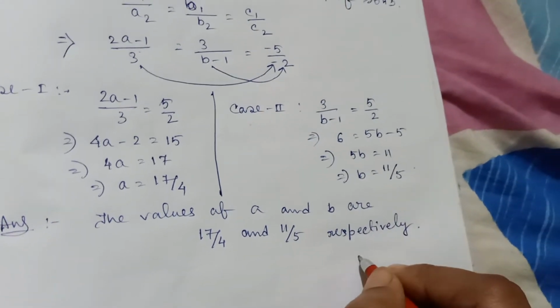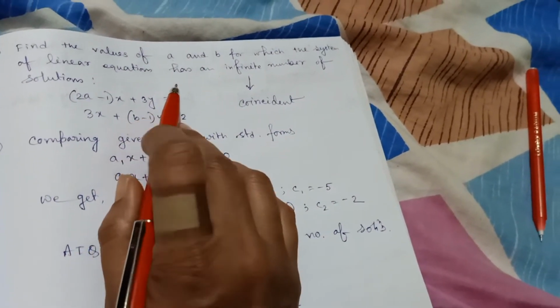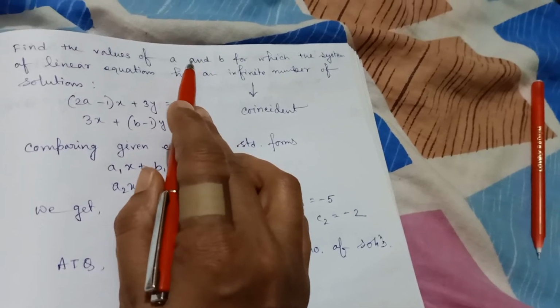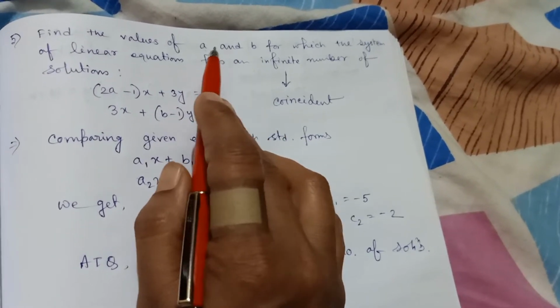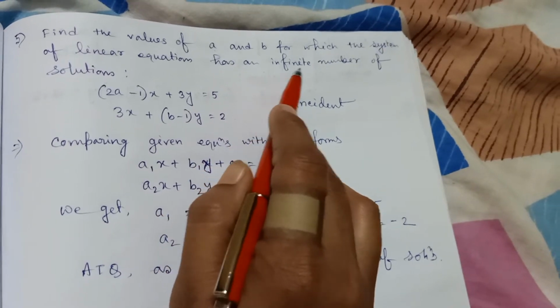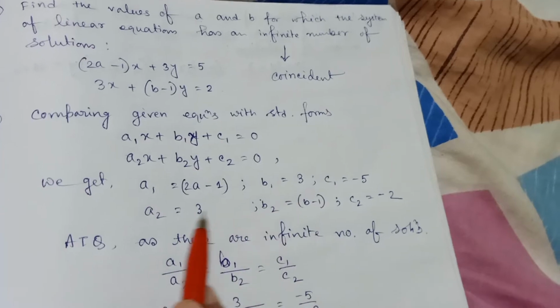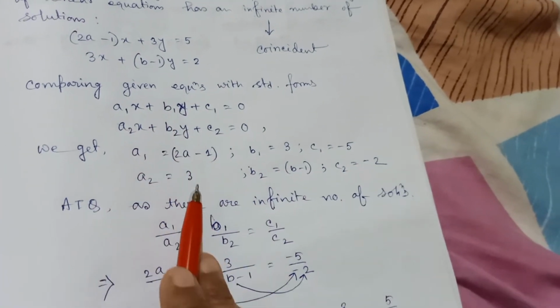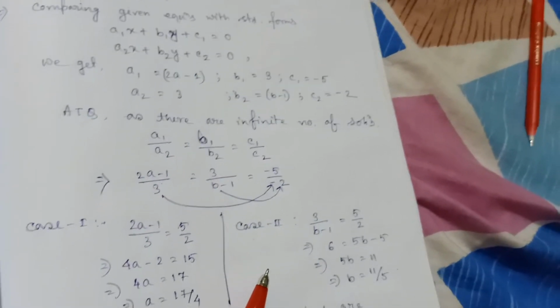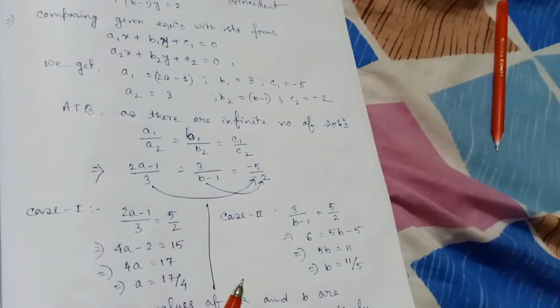Okay, so this is the whole process of this type of question, where two unknown constants are there and you need to find the values of both with the condition given, infinite number of solutions. Each and everything should be written properly in your answer according to the marking scheme.